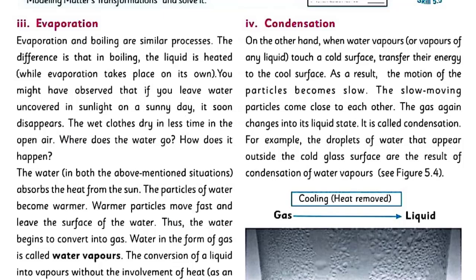The gas again changes into its liquid state. It is called condensation. For example, the droplets of water that appear outside the cold glass surface are the result of condensation of water vapors.